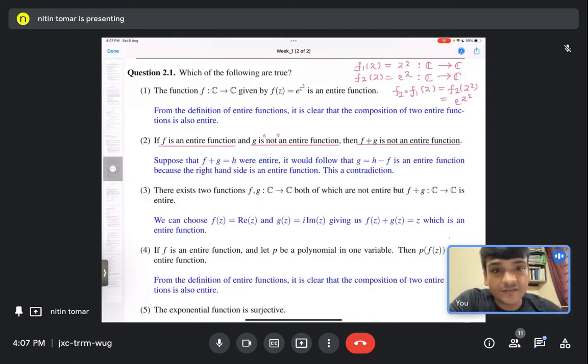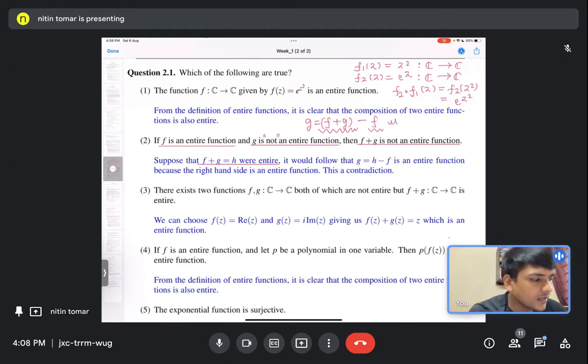Because let's say f plus g is an entire function. Then g can be written as f plus g minus f. Now if you assume that f plus g is an entire function and f is already an entire function, the difference of two entire functions is again an entire function.